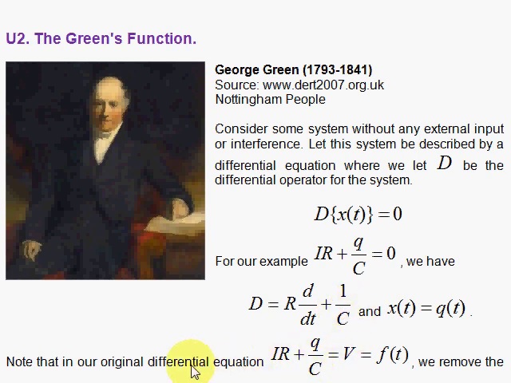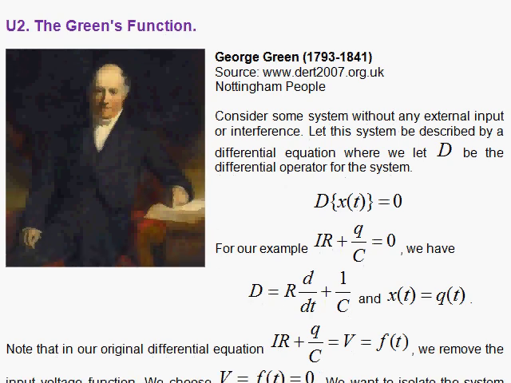And then the original differential equation can be adapted to allow for a voltage of input given by some f of t. So we think of it in two steps: the basic generic differential equation without the external interaction, and then the one that adds the external interaction.